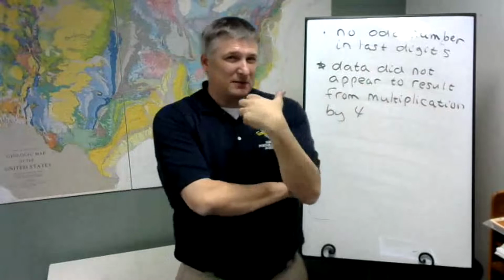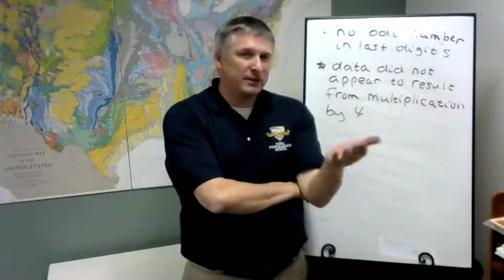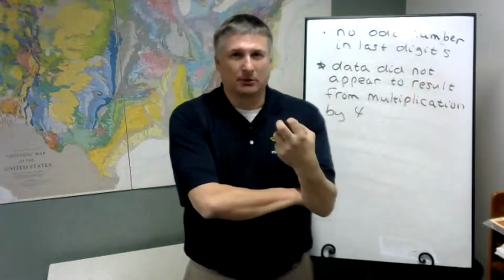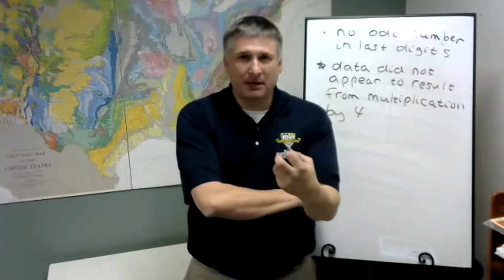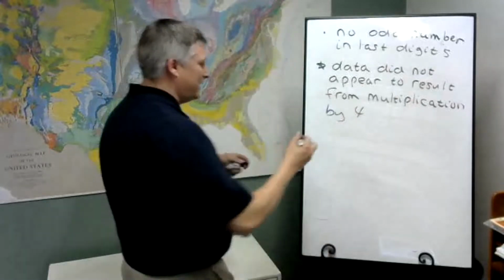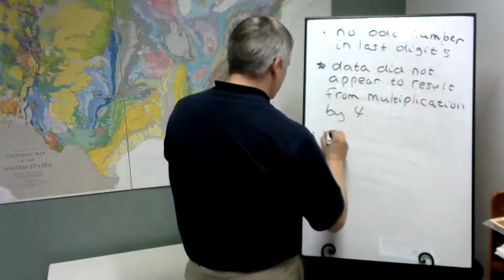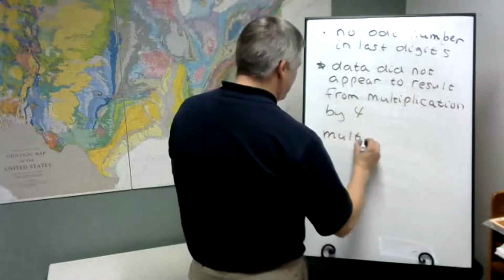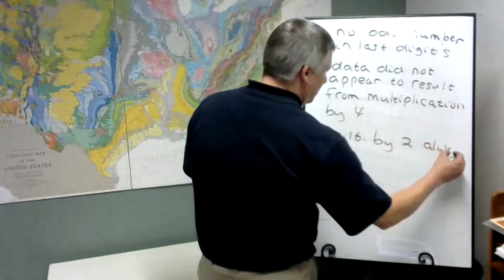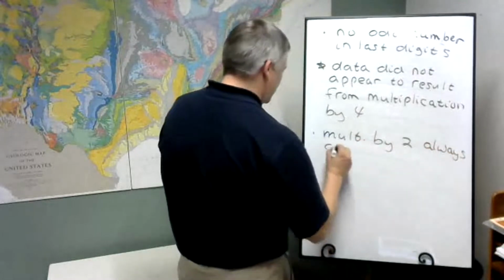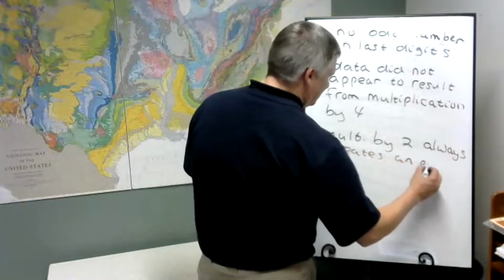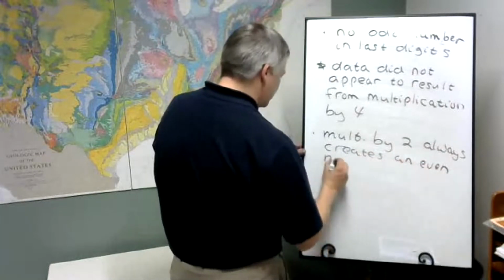So what this might suggest, the reason we only have even numbers in the last digit, well, when you take any number, whether it's odd or even, and multiply by 2, you get an even number. So even numbers, multiplication by 2 always creates an even number.